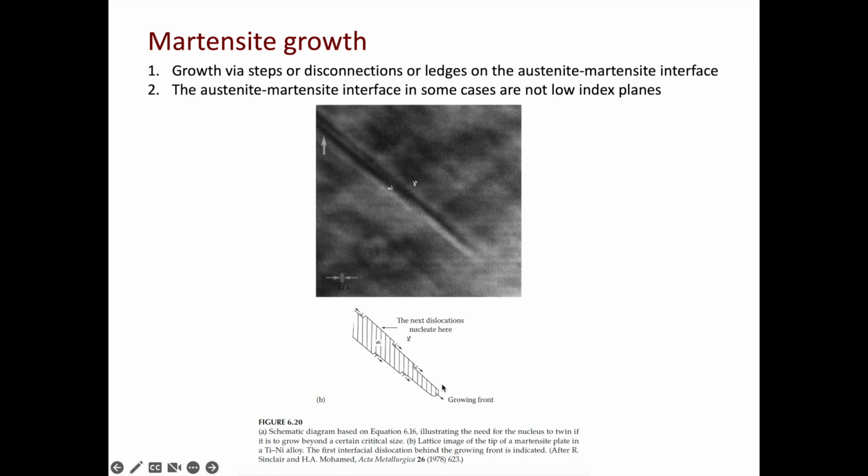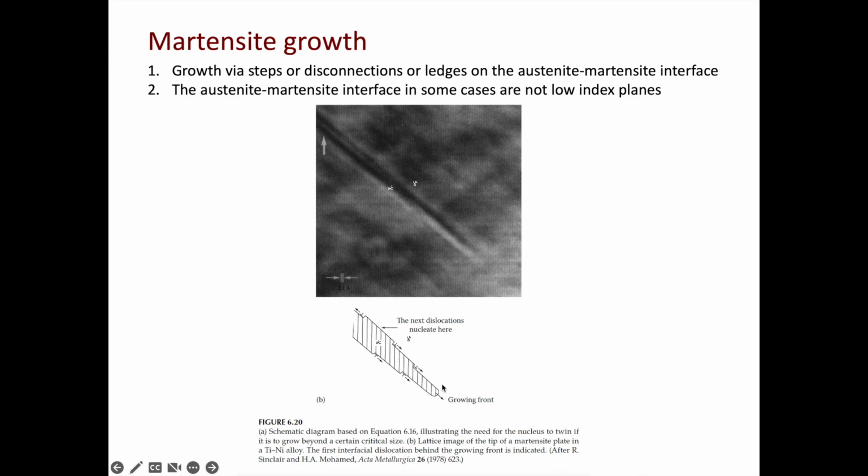Since usually there's a volumetric change when there's martensitic transformation, there's strain stored at the martensite-austenite interface. The nucleation of those disconnections or ledges relaxes the elastic strain, and the glide of those disconnections or ledges pushes martensite a few atomic layers into austenite. This nucleation then glide process repeats, and eventually martensite can consume austenite.